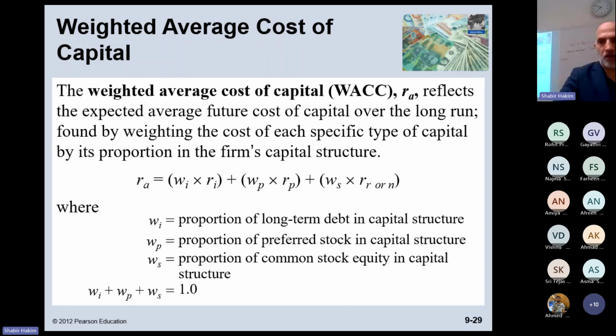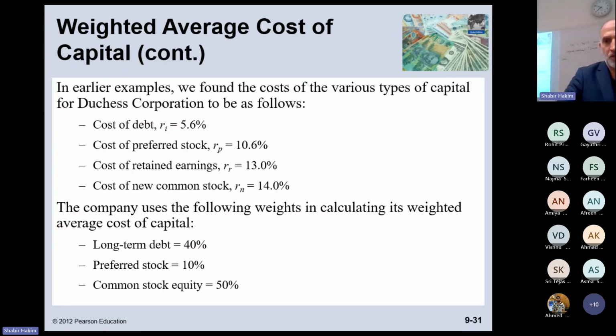Assuming the weights for the Dutch Corporation of 30%, 10%, 40%, 20%, WACC will be 0.3 into 5.6 plus 0.1 into 10.6 plus 0.4 into 13 plus 0.2 into 14, and you will get the WACC.